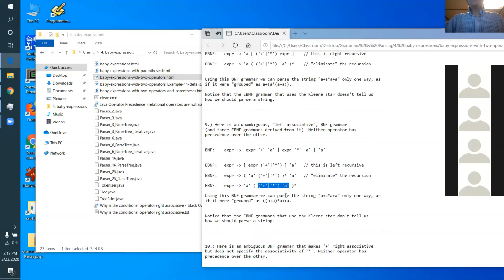And that's done not with recursion. In the code, that would actually be done with a while loop. While there's still more tokens, you would just grab another plus A, take the current tree, put it on the left, put the new A on the right, then loop again. If there's more tokens, take the current tree, put it on the left, take the new A and put it on the right of the tree.